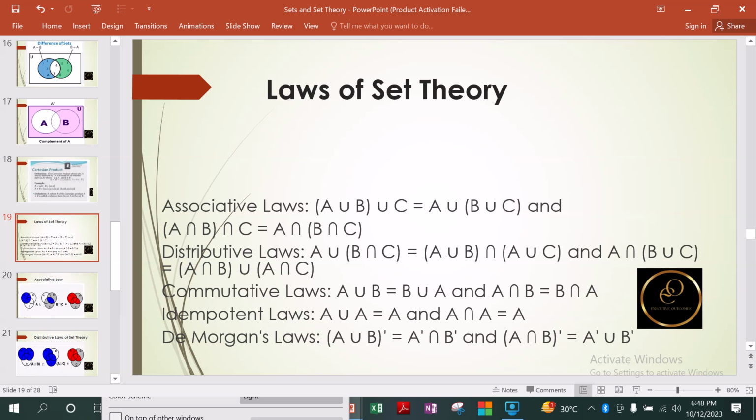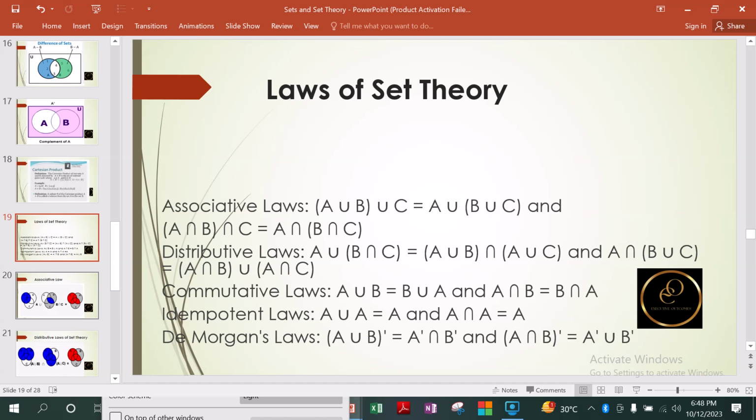Whenever you have "and" in between in mathematics, it simply means multiply, or intersection. So that's why you have this symbol here: (A union B) intersection (A union C). On the other one, you have A intersection (B union C). So you distribute it, you have (A intersection B) union (A intersection C). So you are distributing.